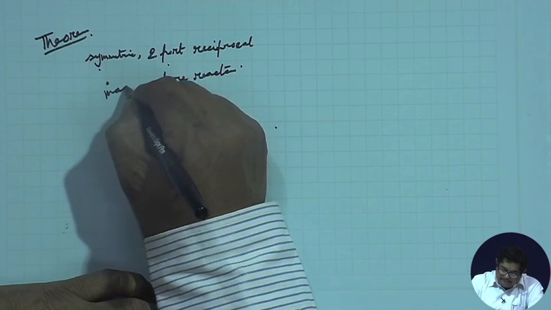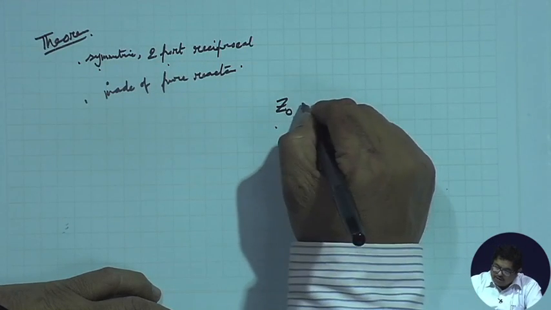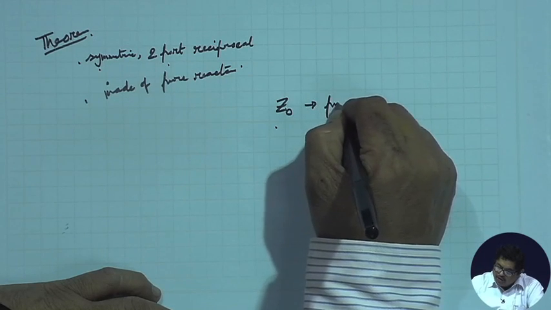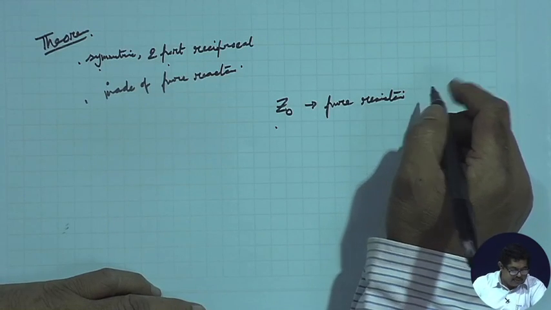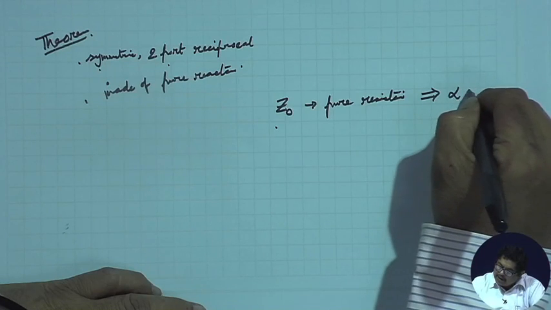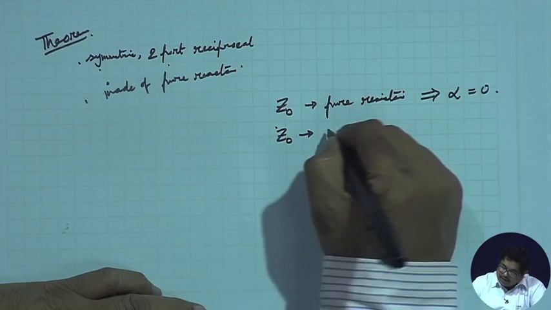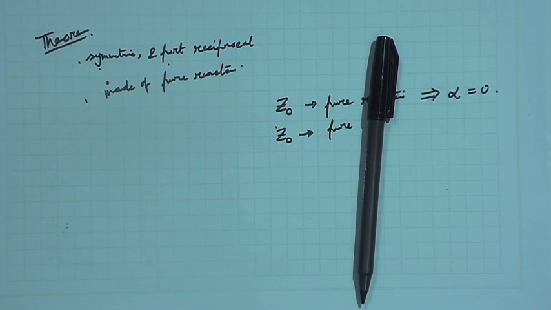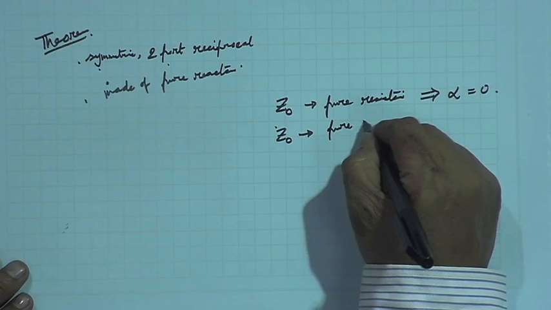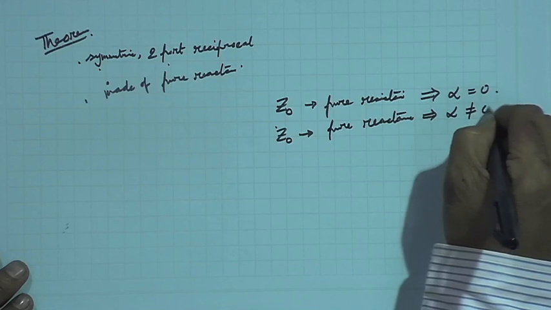A symmetric two-port reciprocal network made of pure reactances. The theorem says that if Z0 is pure resistance, then alpha is equal to 0, and if Z0 is pure reactance, alpha is non-zero.